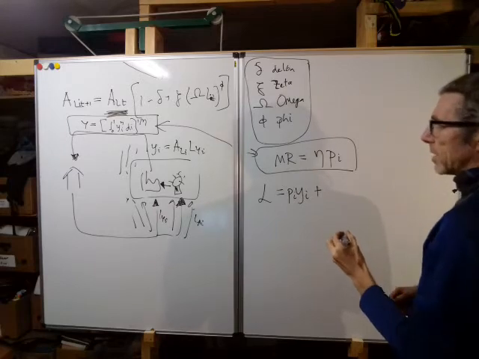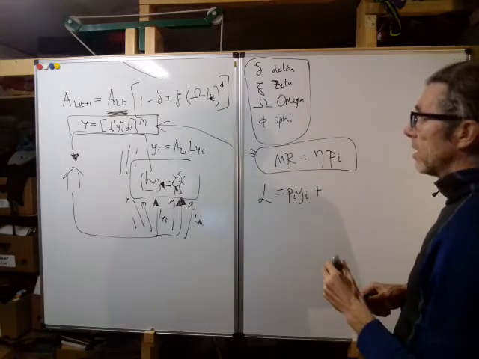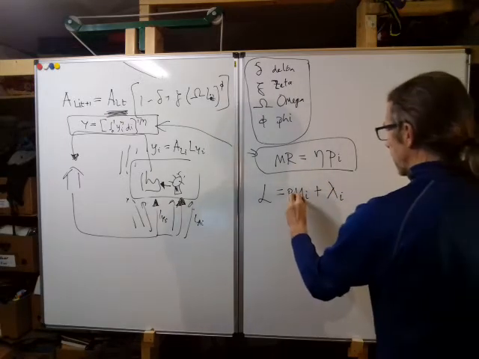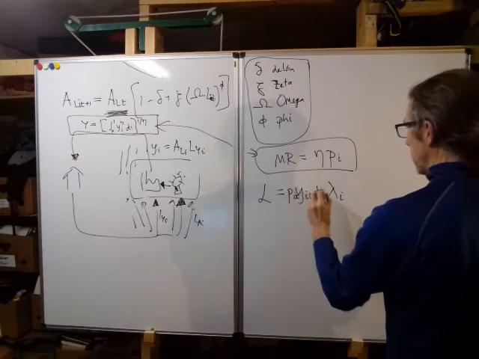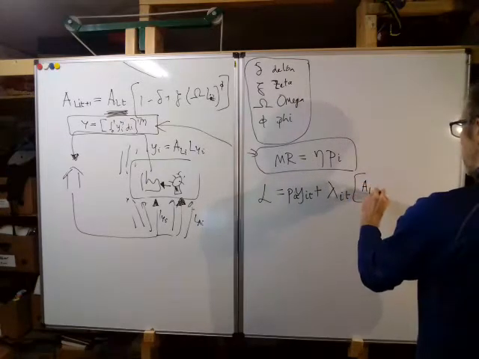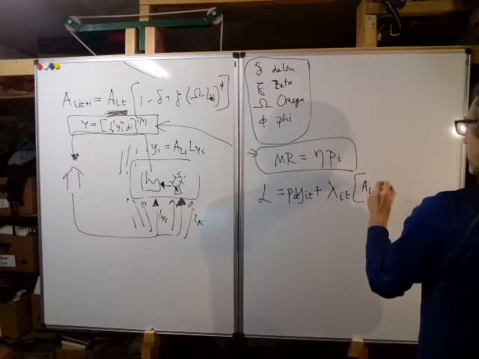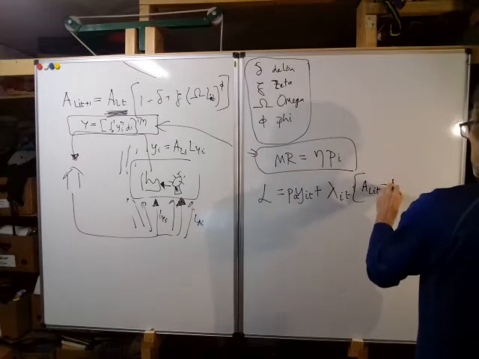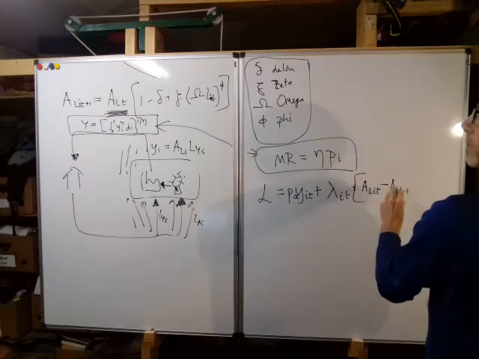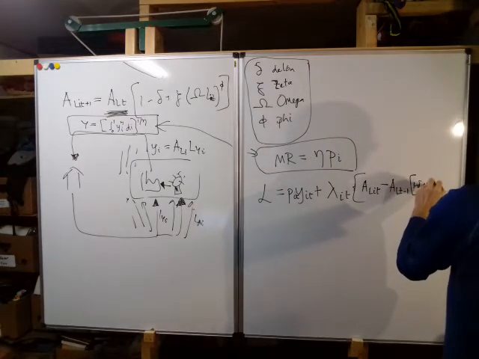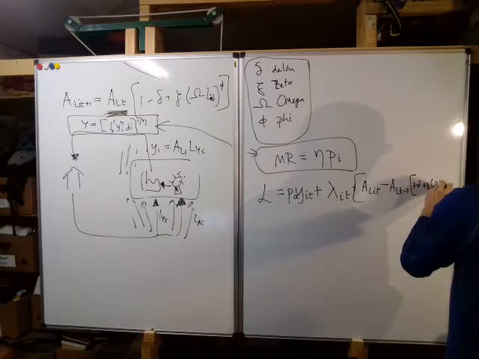I couldn't really decide whether to go through this or not, but it's plus lambda i. If we say this is for t, pit yit plus lambda it times the restriction: alit minus ai,t-1 times (1 minus delta) plus zeta omega li,t-1 to the phi.